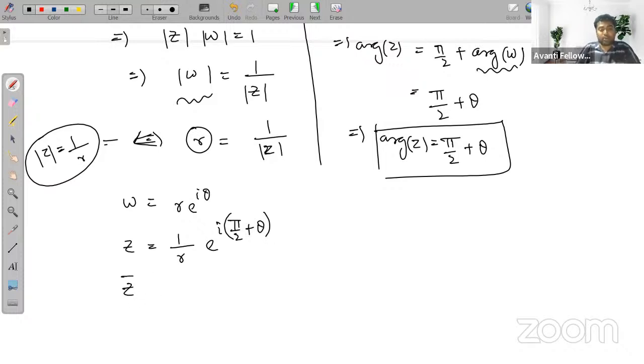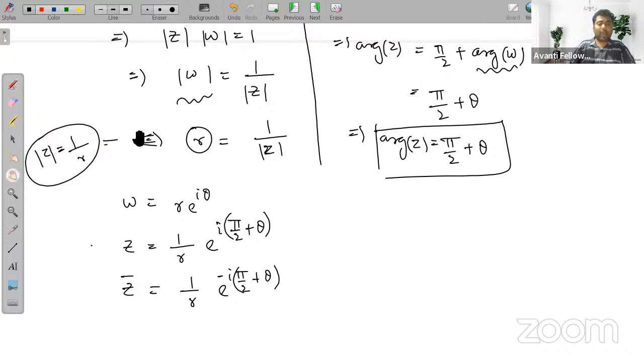Similarly, conjugate of z will be 1 by r into e to the power minus i into pi by 2 plus theta.